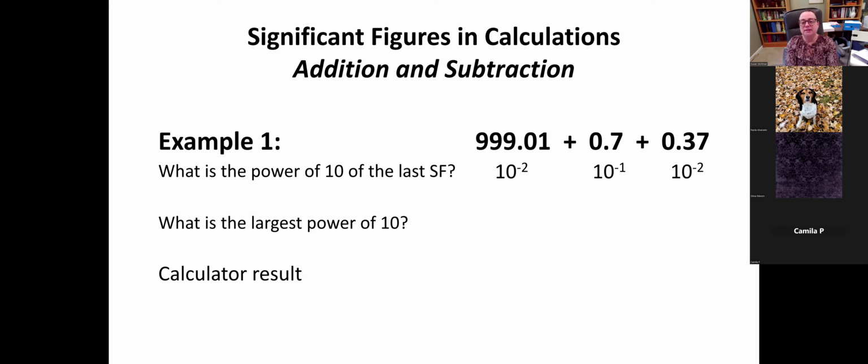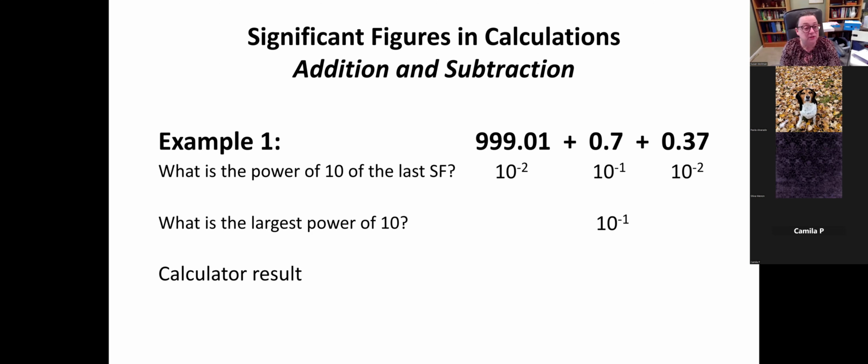It is 10 to the minus 1. Remember, the bigger the negative exponent, the smaller the value. So the biggest power of 10 is 10 to the minus 1. That means our answer is limited to that. That's the best we can do when we combine these values. We can't know things better than the worst measurement.